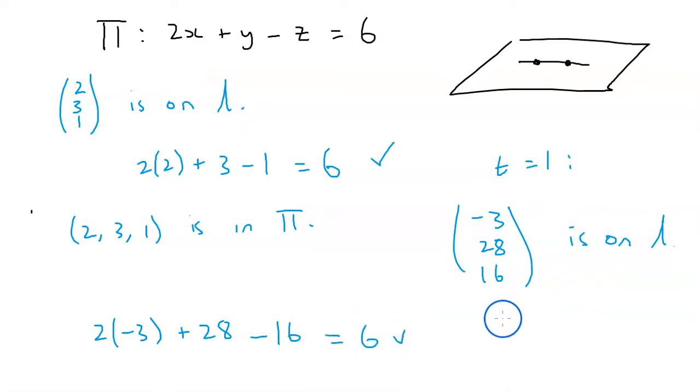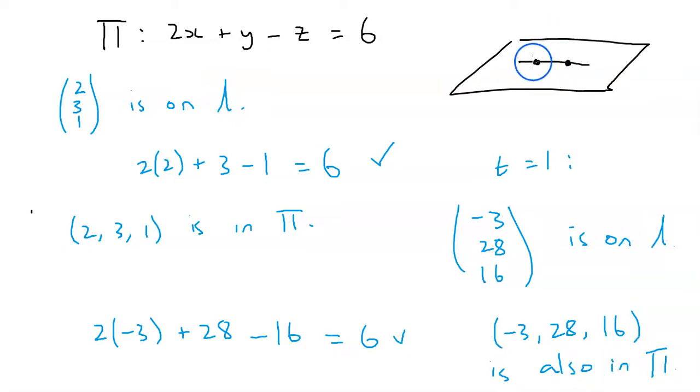So -3, 28, 16 is also in pi. So since our line L intercepts the plane at 2 points, it must be the case that the line is completely contained within the plane.